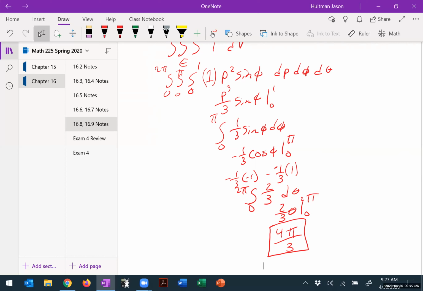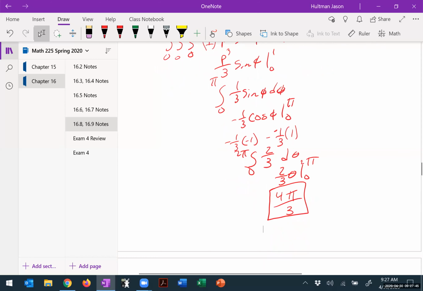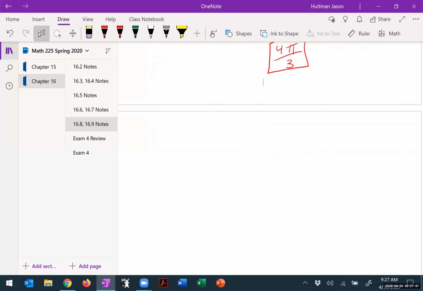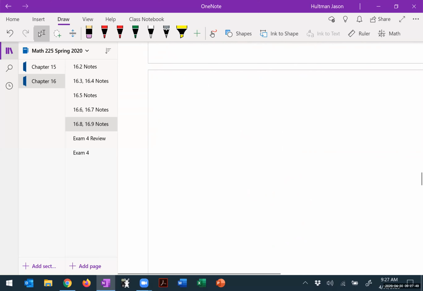Okay, let's do the last example for today. Here we're going to go backwards. We're going to want to find a surface integral using the divergence. So find the surface integral using a triple integral.